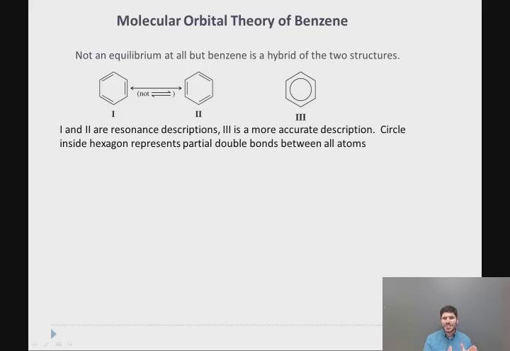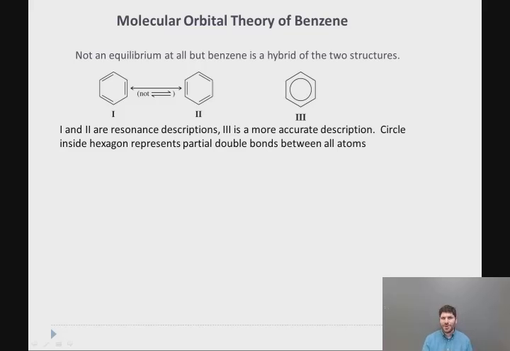They can be explained using structures 1 and 2 as resonance structures, but structure 3 here is another structure that you will see very frequently, where you just take a circle and put it inside the hexagon, and that represents the partial double bonds between all 6 atoms and does not suggest that the double bonds are localized between any 2 particular carbon atoms.